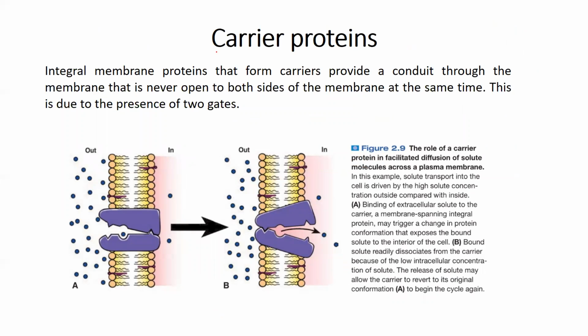Okay, and so the second type of proteins that do facilitated diffusion is the carrier proteins. Okay, these are different from the ion channels. The carrier-mediated proteins, firstly, don't have an opening that spans the whole protein. They either open to the extracellular environment, or to the intracellular environment.